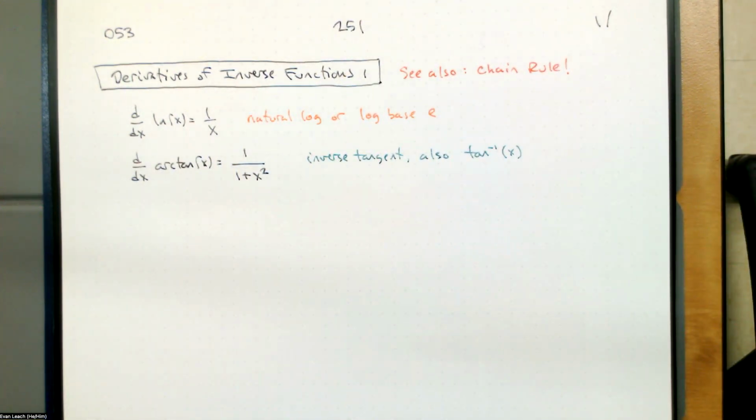Sometimes we write the inverse tangent as tangent inverse of x. We don't say tangent to the minus 1 of x, we say inverse tangent of x.